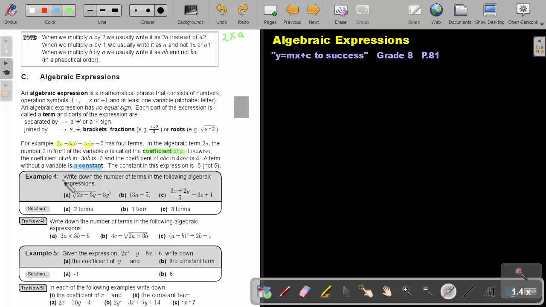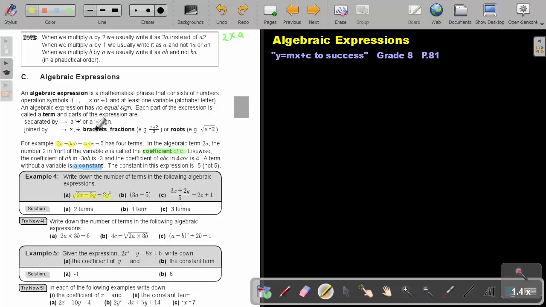Okay, let's look at an example. Write down the number of terms in each of the following algebraic expressions. Can you all see there's no equal sign? It's all algebraic expressions. Remember, the root is like glue, so this is one term. The only separation is the negative, so this will be 1 and this will be 1, so there will be 2 terms.